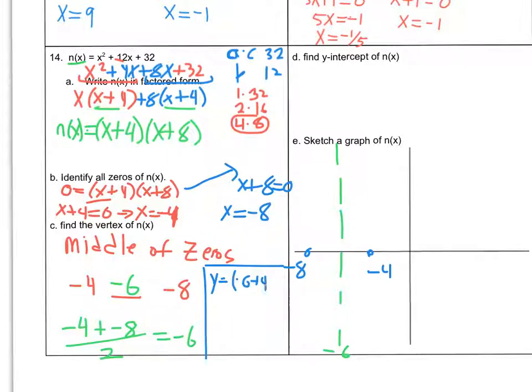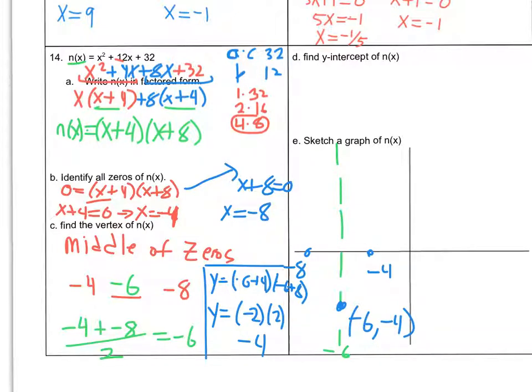Negative 6 plus 4 and negative 6 plus 8, whew, which is negative 2 times 2, and when I do that I get negative 4. That's my y coordinate. That means my vertex is at negative 6 comma negative 4.